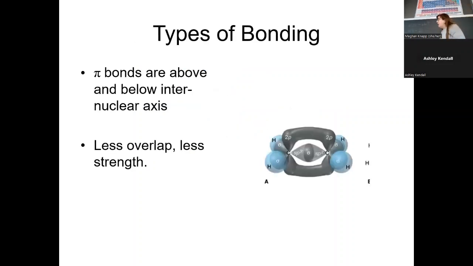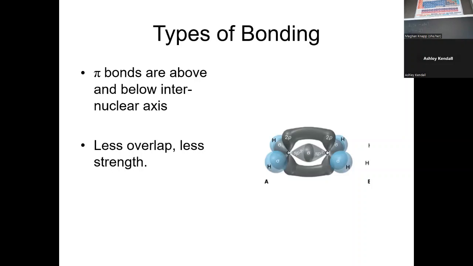So we talked sigma bonds. Pi bonds happen when we have leftover p orbitals, and those p orbitals can overlap. So the things to remember with that is that the overlap is above and below the internuclear axis. It's not on the internuclear axis. So this is showing 1 sigma bond and 1 pi bond.